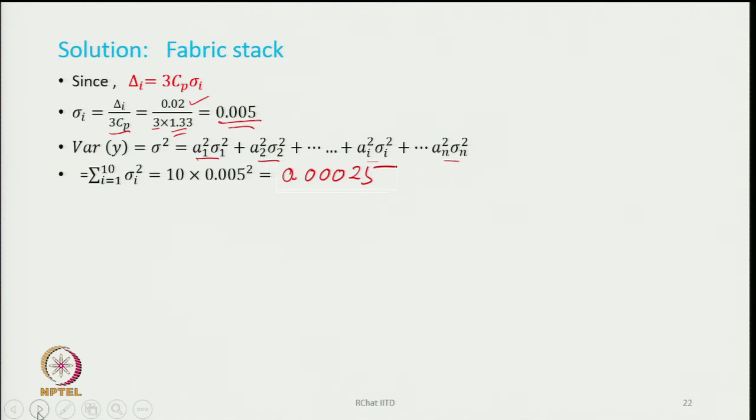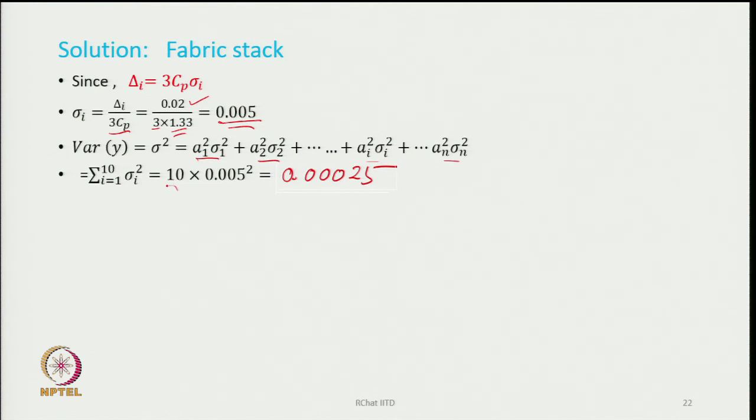If sigma is the same, in this case 0.005, how many of them are there? All the a's are basically 1, because y we have seen is x 1 plus x 2 plus x 3, that means these constants a 1, a 2, a 3 are all 1. So, it is going to be 1 squared into 0.005 squared plus 1 squared into 0.005 squared, like that it will go up to n equal to 10.